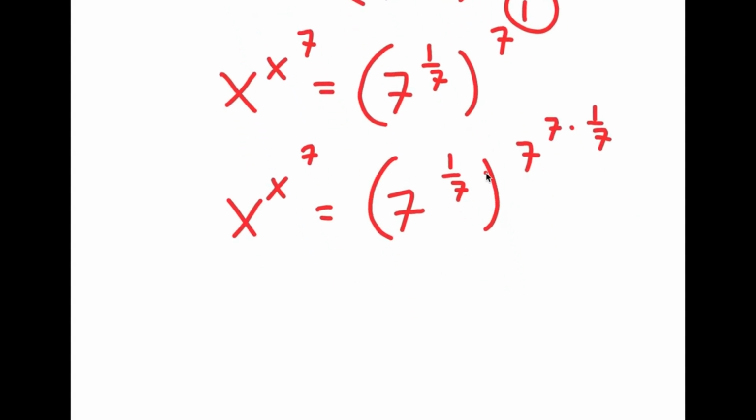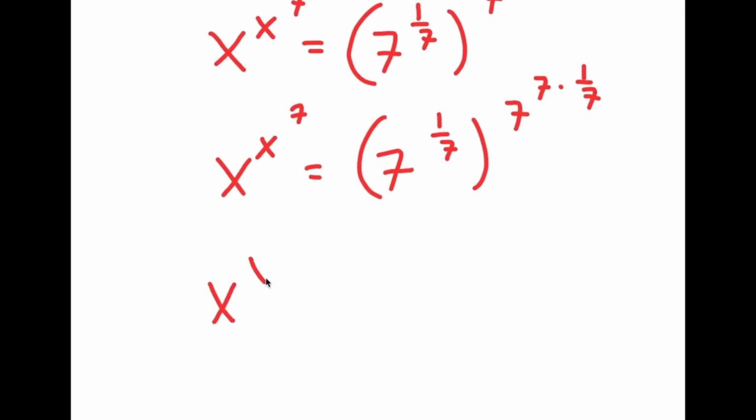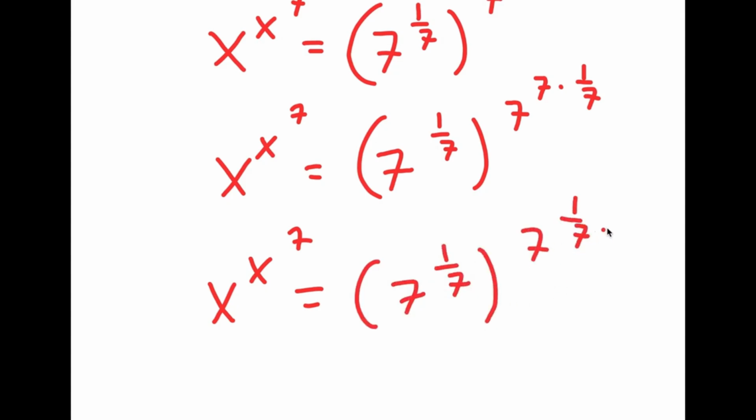So now what I'm going to do is 7 to the power of 7 times 1 over 7. Well, this is the same thing as 7 to the power of 1 over 7 times 7. And 7 to the power of 1 over 7, these twos cancel out.